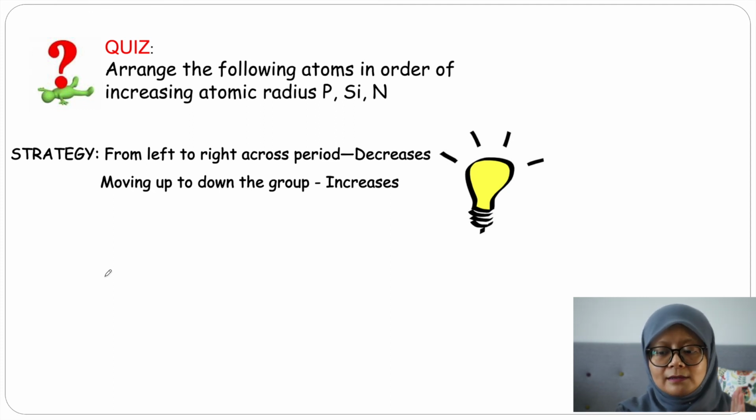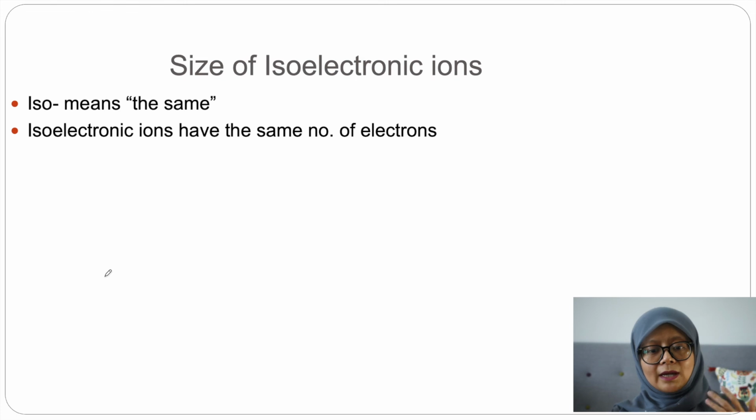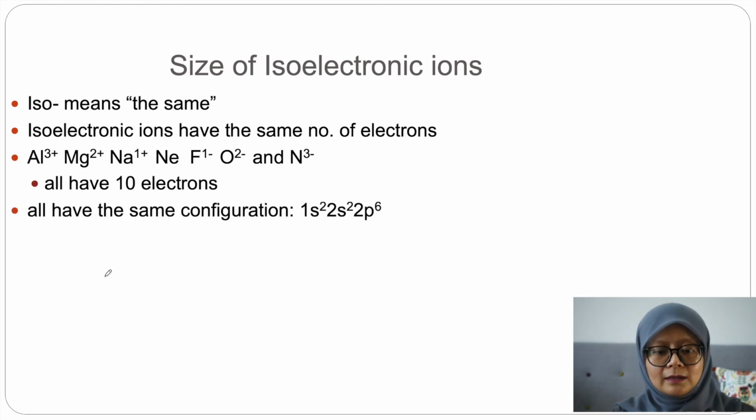We will discuss during class. And then, what happens to the size of isoelectronic ions? This is what I have explained before. Iso means similar or the same.